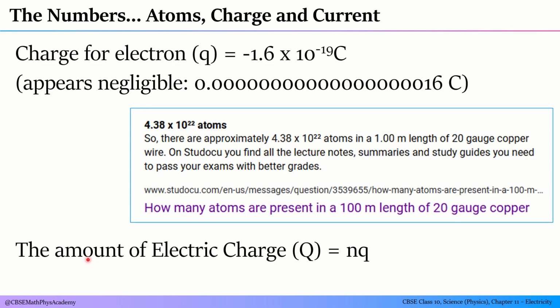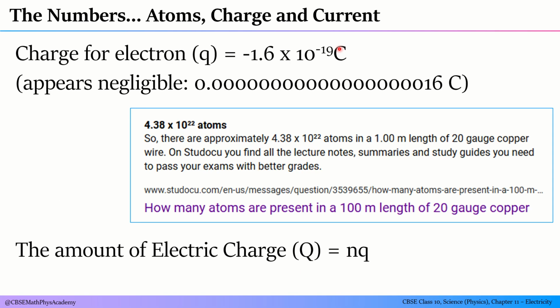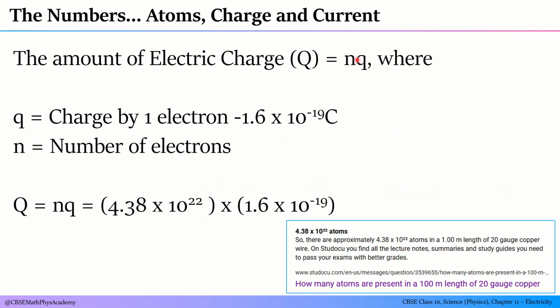The amount of electric charge this conductor can have is capital Q equal to N into q, where N is the number of electrons and q is the charge per electron. One atom will minimum have one free electron. I'm saying minimum. There could be two, we don't know, based on the atomic structure.